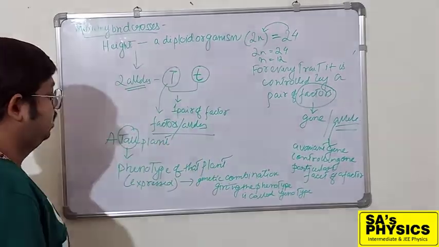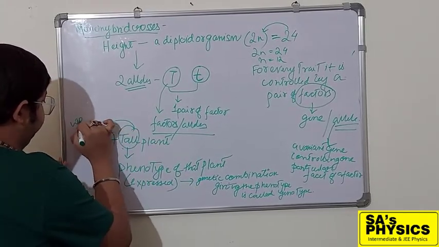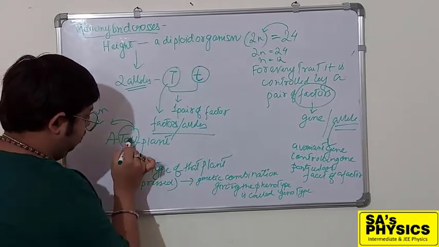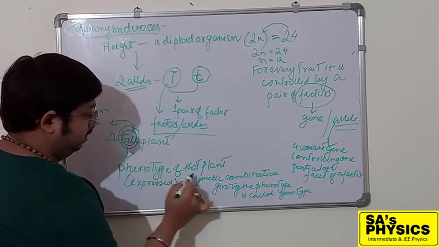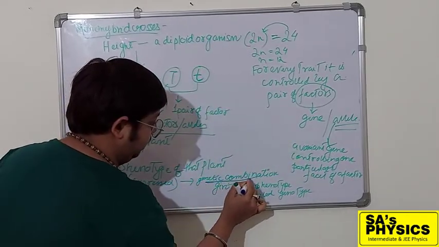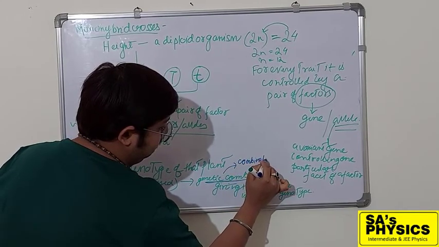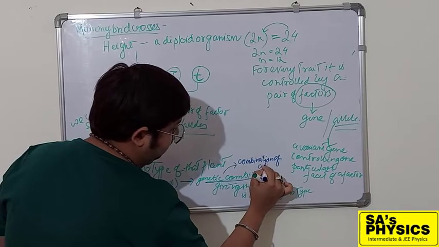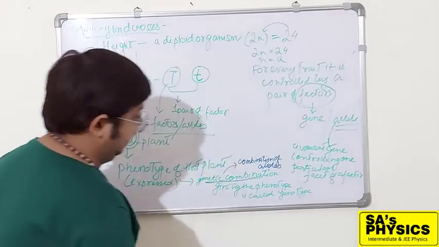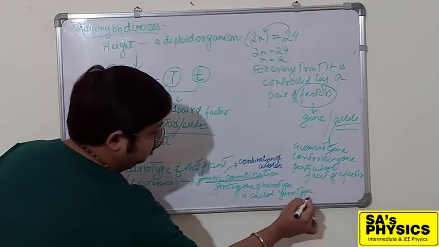I'll explain. So I said that the phenotype of the plant is tall because this is what we can see, and this phenotype is being governed by a particular genetic combination. Genetic combination means combination of alleles. Right? And this combination of alleles is your genotype.